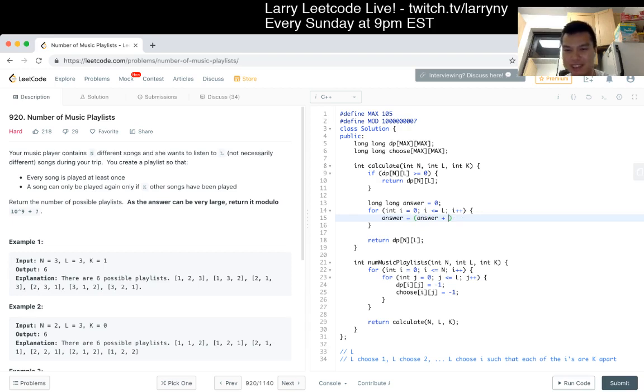Calculate 2 now. Naming is hard. Okay, let's just do calculate 2 for now. We need this to be at least 1 because we need to have this song somewhere.